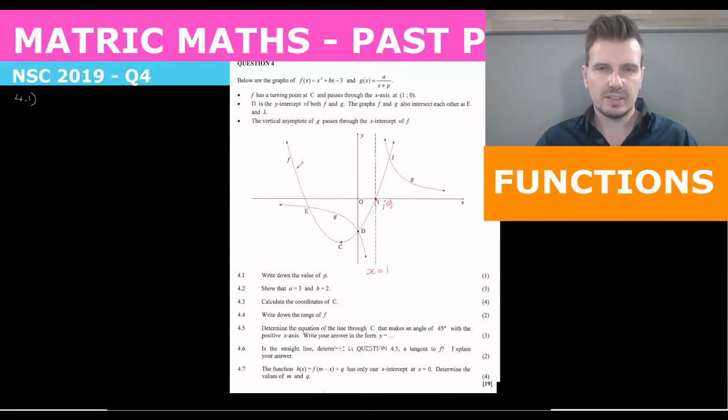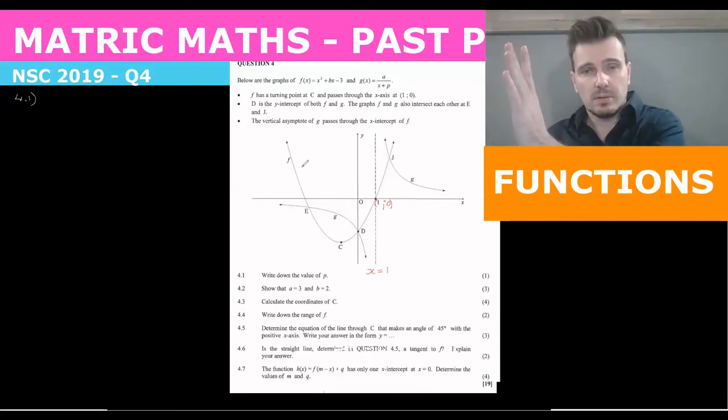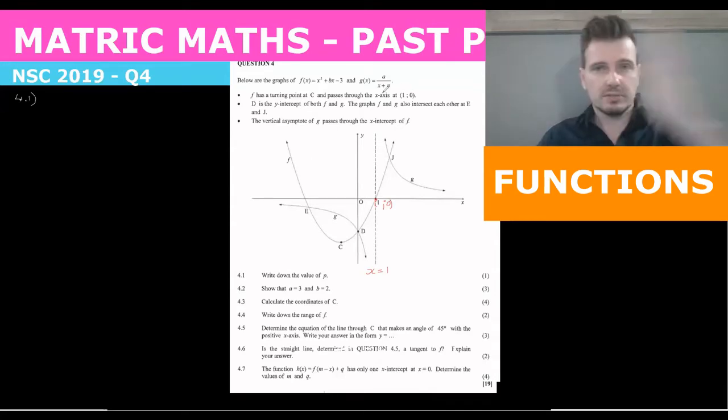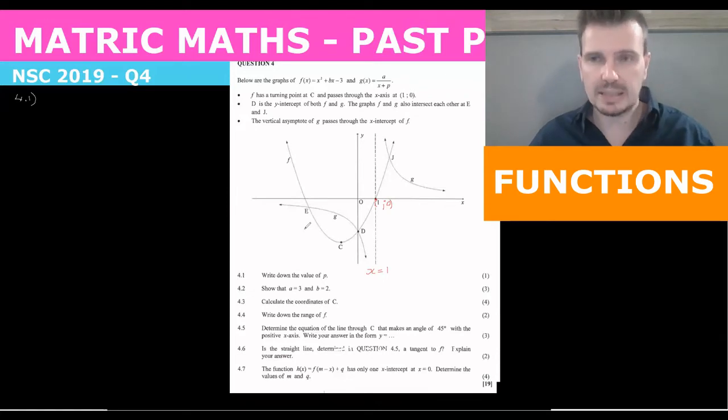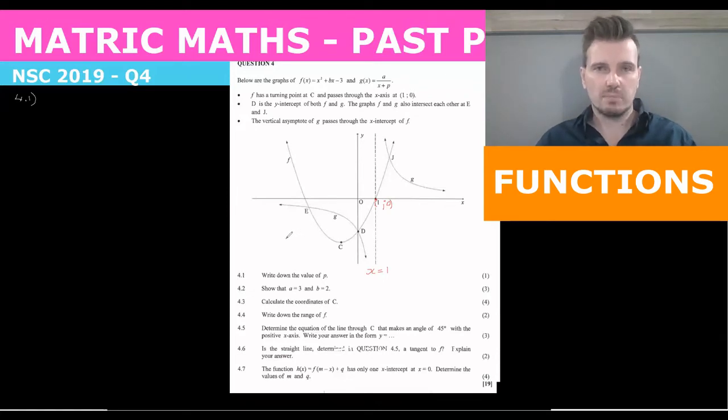And if it's on the left-hand side, it's positive. So the graph is shifted to the right when p is negative, and it's shifted to the left when p is positive. So it's counterintuitive. If you didn't understand that, then check out my video on hyperbola graphs, which will explain that clearly.